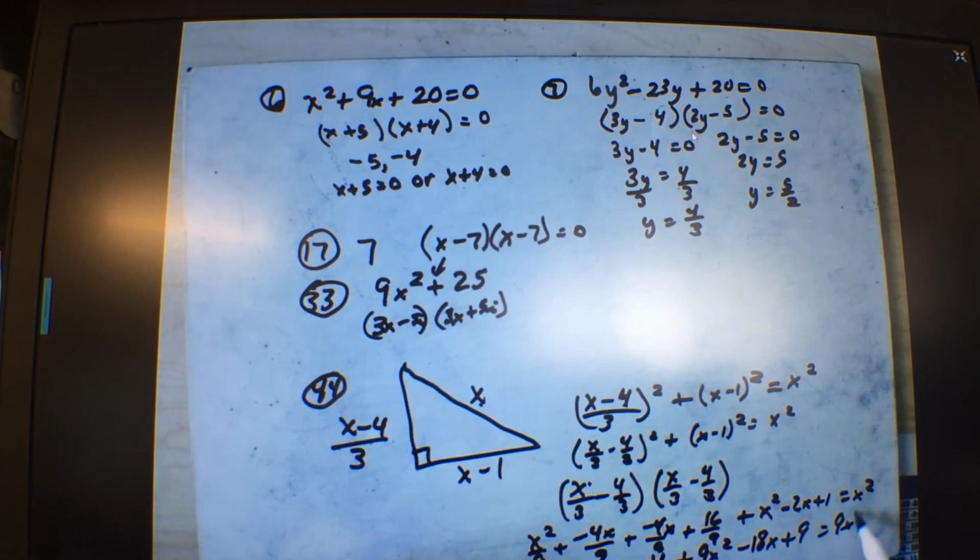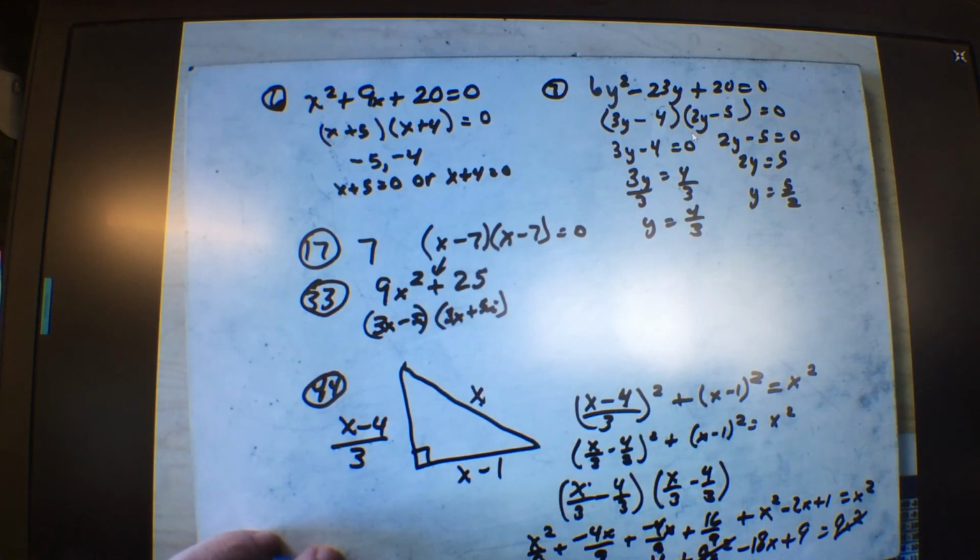Can these 9x squareds cancel since they're on opposite sides? Yes. So now I have x squared, and a negative 8x and a negative 18x is negative 26x, and 16 and 9 is 25, equals 0, right?